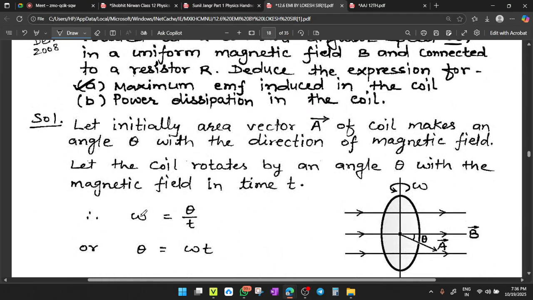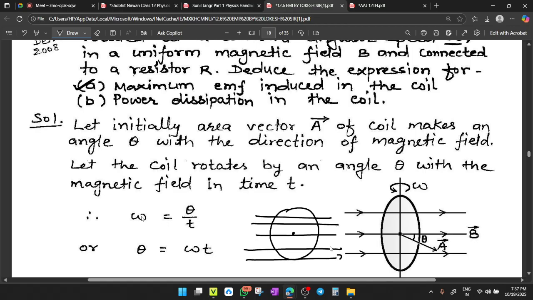Yes, look here. In this way, a coil is moving. Let initially the area vector A of the coil make an angle theta with the direction of the magnetic field. See here, the coil is moving. A simple flat coil is there. Initially your magnetic field is like this. So where is your area vector?